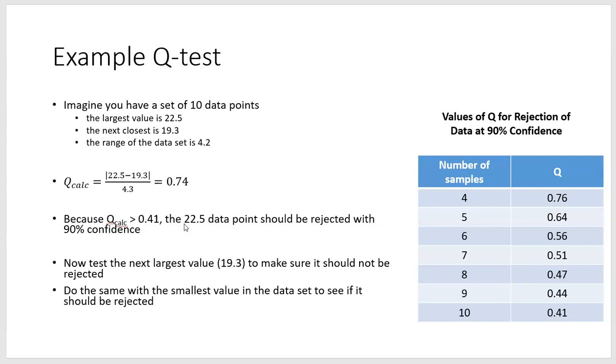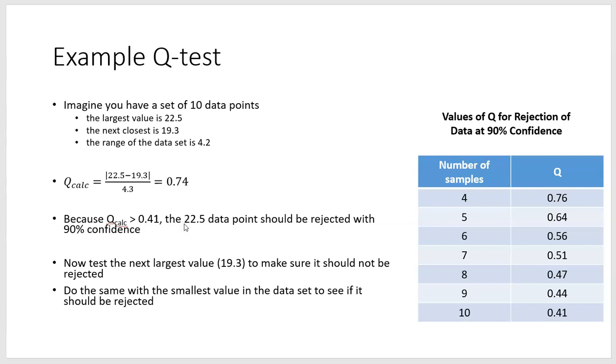We are 90% confident it's an outlier. That value is not due to a random error. It's due to some non-random process that took place during that measurement, and it skewed our results, and we can reject it.